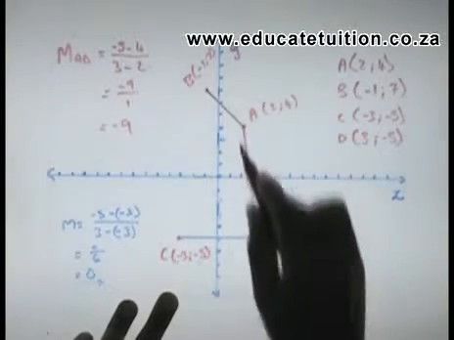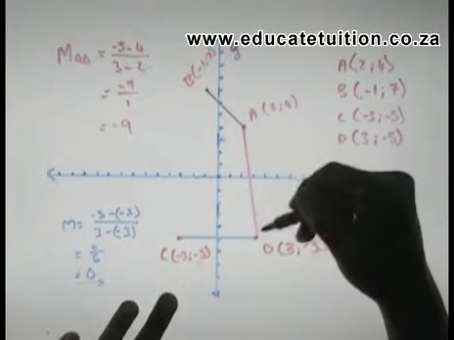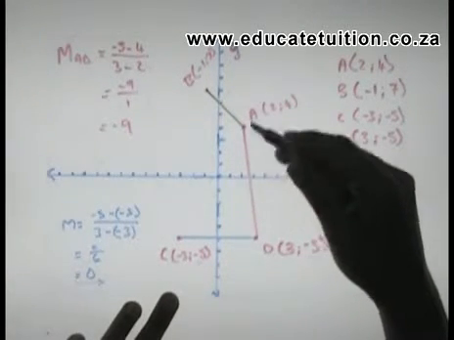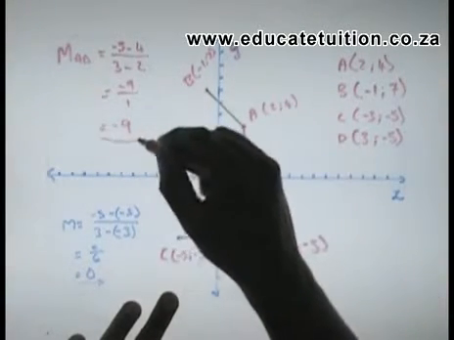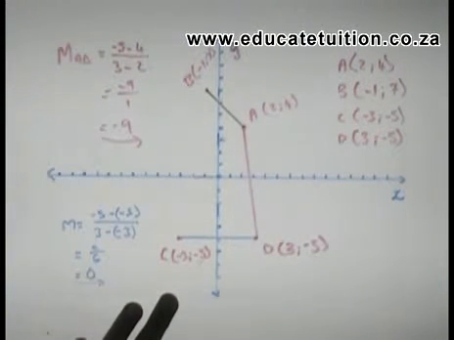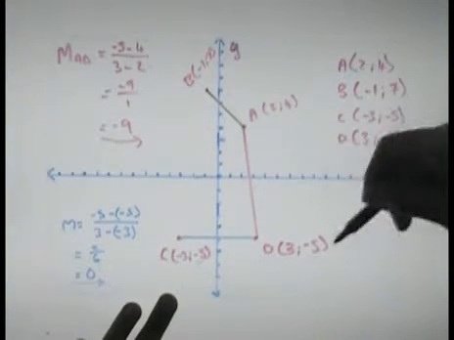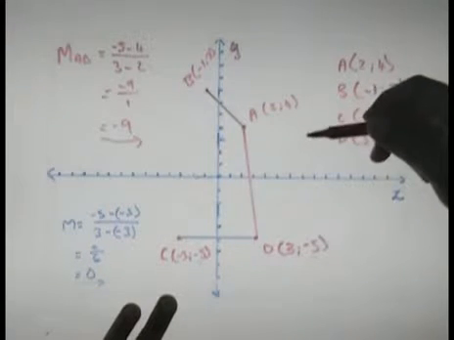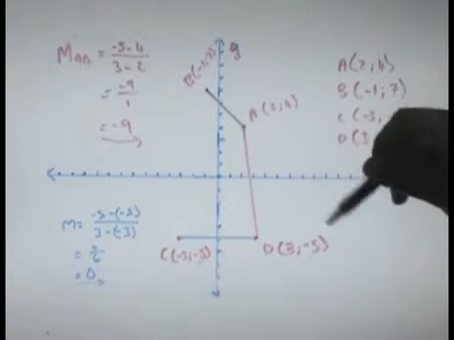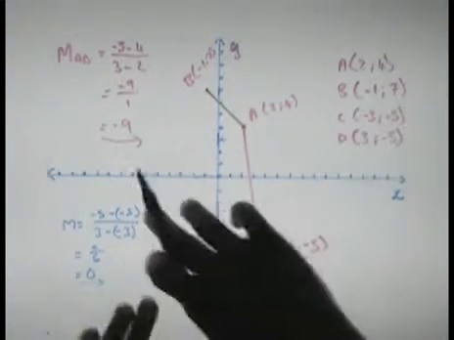Now look at this line over here. It's very negatively sloped, which makes sense that it has such a high gradient of negative 9. It doesn't matter which points I chose as point 1 and point 2, as long as I used uniformity.